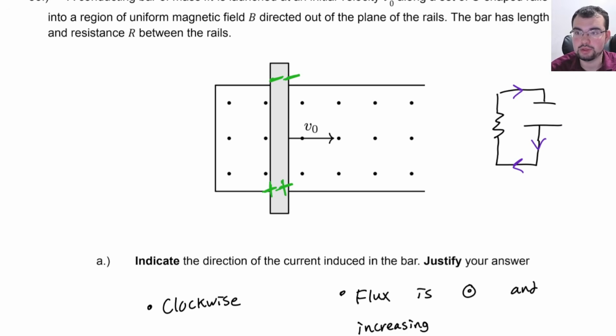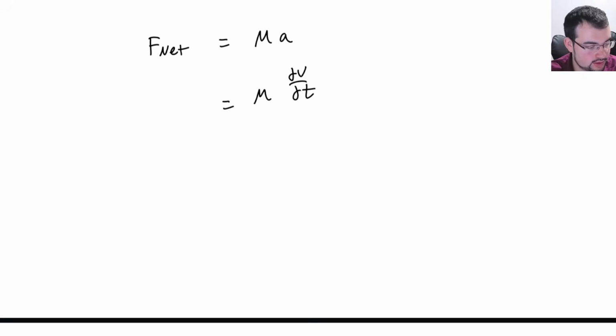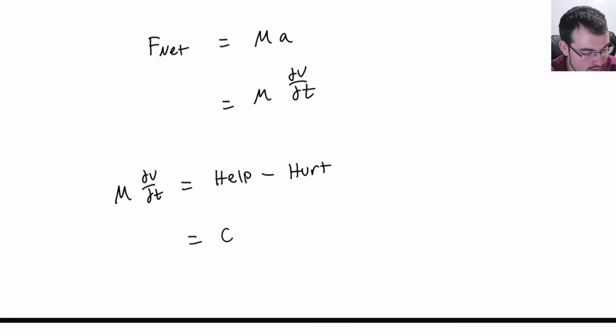Well, there will always be, in every bar on rails problem, a resistive Bill force. The magnetic force always resists motion due to Lenz's law. There's always a Bill force resisting your motion. So F net is help minus hurt. Anything helping the bar? No. What's hurting the bar? Bill.